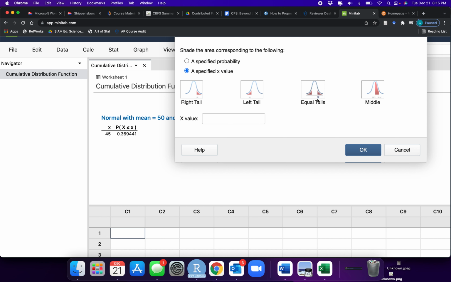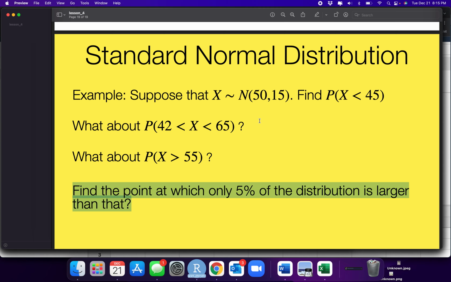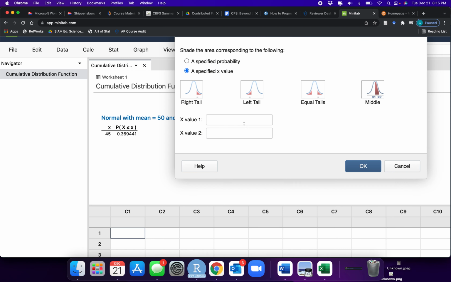We won't use this very often, but specifically for the second example we would use in the middle, in between two values. Our lower value is 42, upper value is 65.